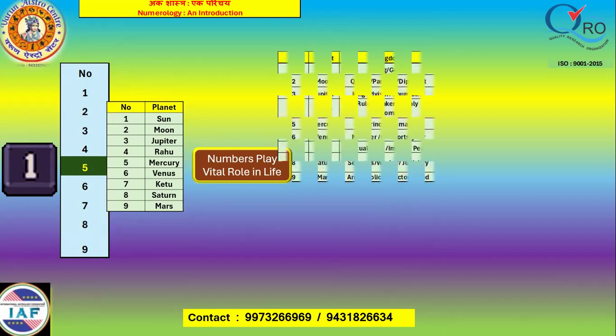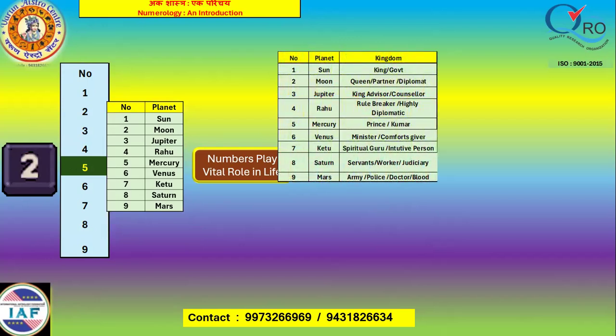Now, these numbers are uniquely called in the kingdom of numbers as per their role. One is known as king or government, or for working people, it is known as boss also. Two is known as queen, partner, or diplomat. Three is known as king's advisor or counselor. Four is known as rule breaker, a highly diplomatic person, or a person who cannot be understood, maybe a good liar also. Five is known as prince or kumar.